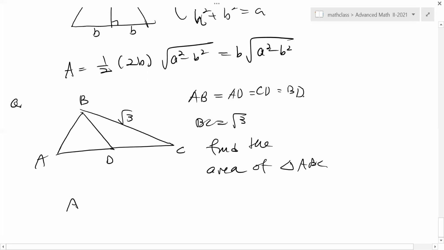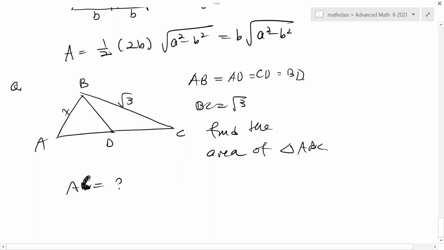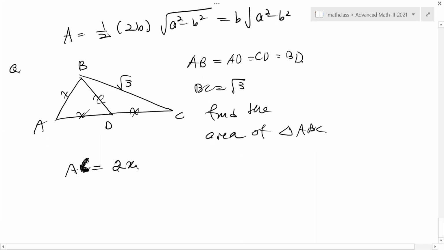So you have to find out AB, because you have to find the AC, right? AC consists of AD plus DC. So as long as this is x, here's x, they're all equal, right? So that's going to be 2x. Then you also have to find the height. Now, once you know x, you can tell the height, right? So you can get the area of the triangle. Right? So I want you to try and think about it.